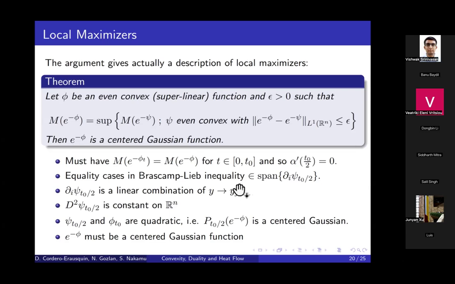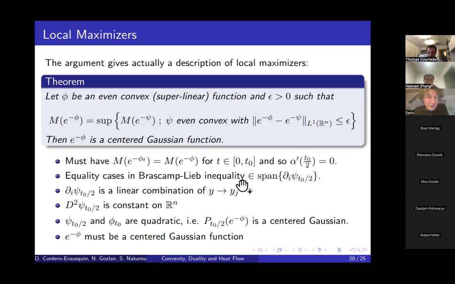I am applying it to n linear functions, but these linear functions are independent. And so, of course, they have to span this space. So this means that every partial derivative of psi has to be a linear combination of the linear functions. So this implies that the Hessian of psi is constant.